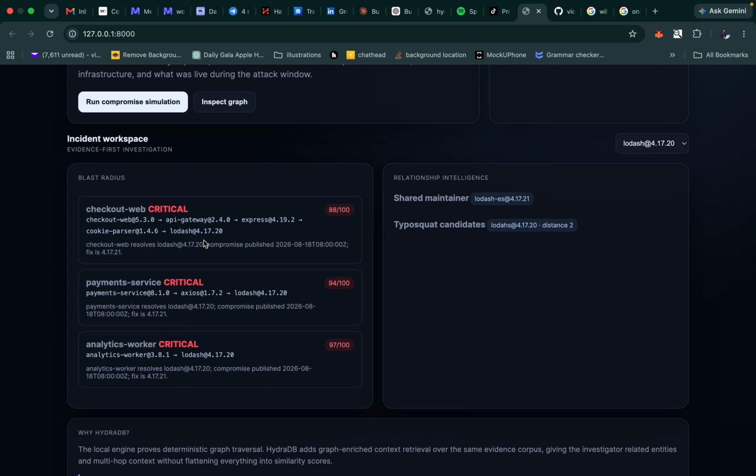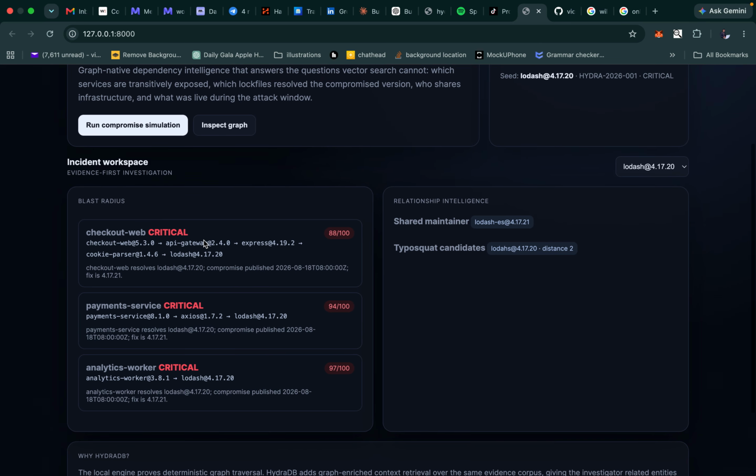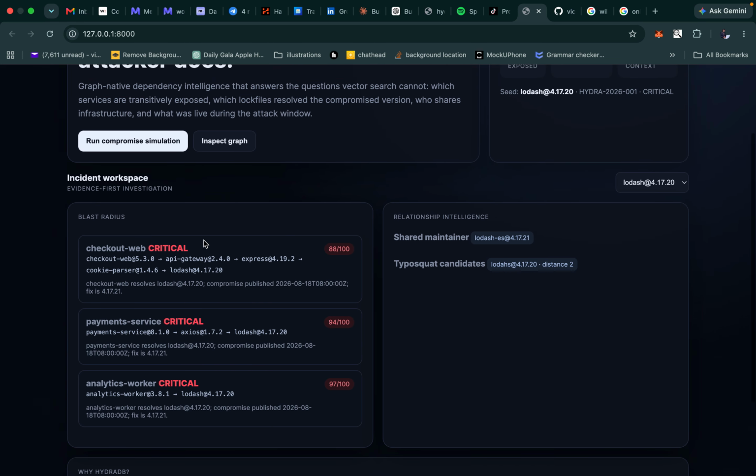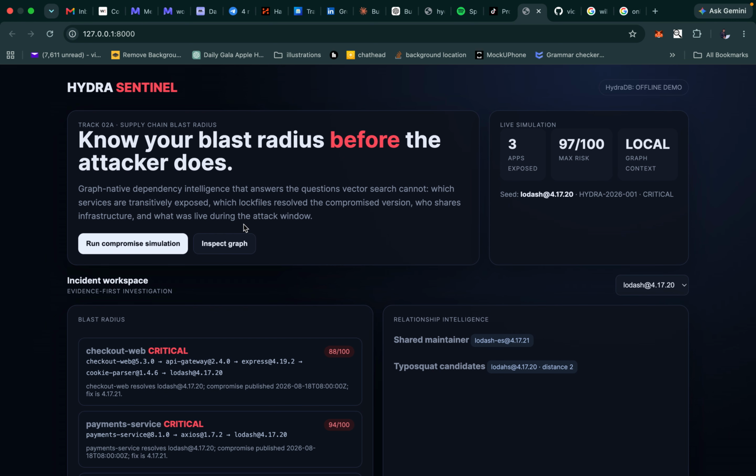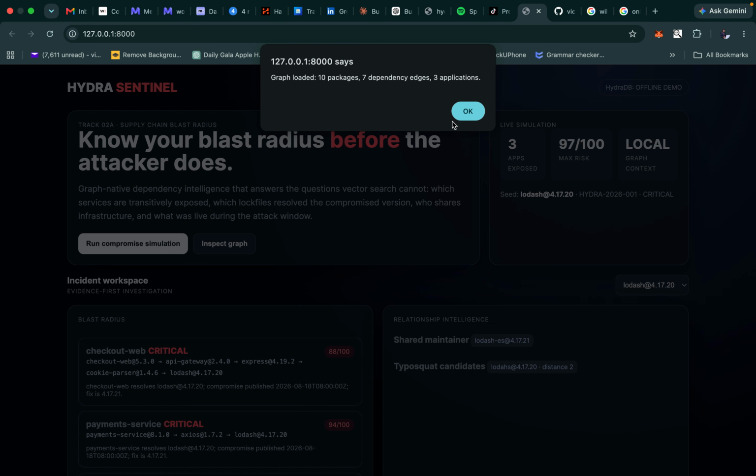Sentinel sends the investigation corpus into HydraDB, and uses graph enriched retrieval to recover related entities and multi-hop context. The typical graph engine gives us deterministic dependency traversal.